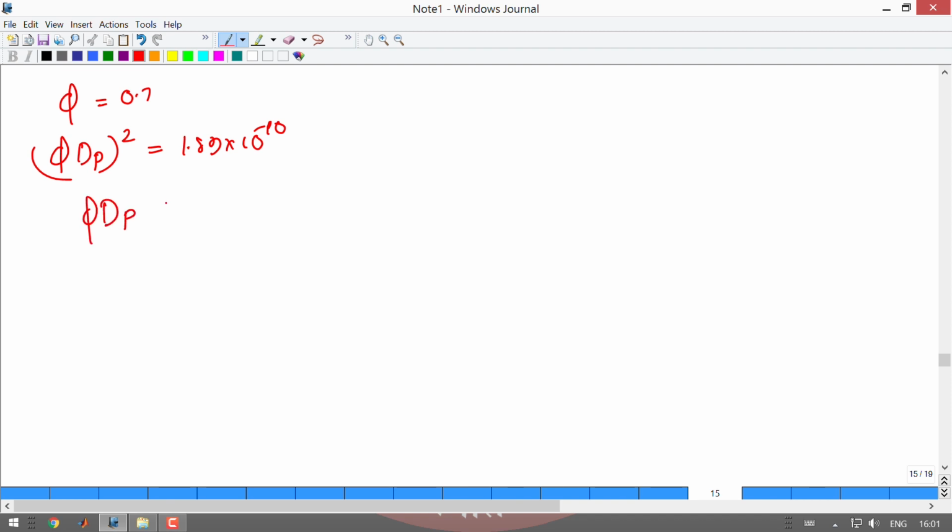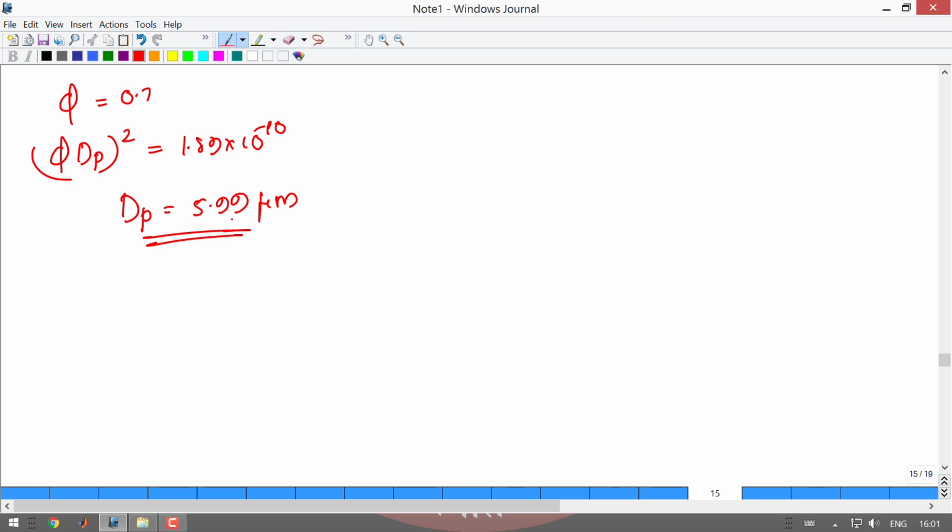First you can take the root of this, and after substituting the sphericity you will get dP equal to 5.99 micrometer. So, this is the first part of the question, and initially we have assumed that Reynolds number is less than 1.